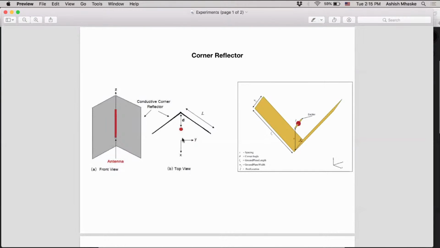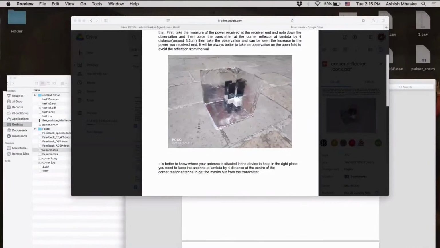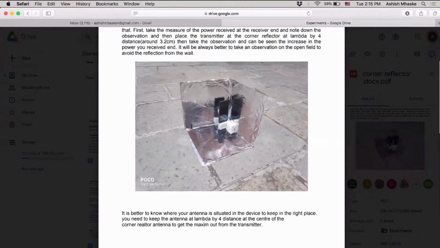You can check in which direction you get the maximum radiation, and later on you can modify the corner and put a third plate below these two plates, and this will form a three-sided corner. And as you can see in this image, there is a mobile phone kept here at a particular distance. You will have to experiment with this distance.